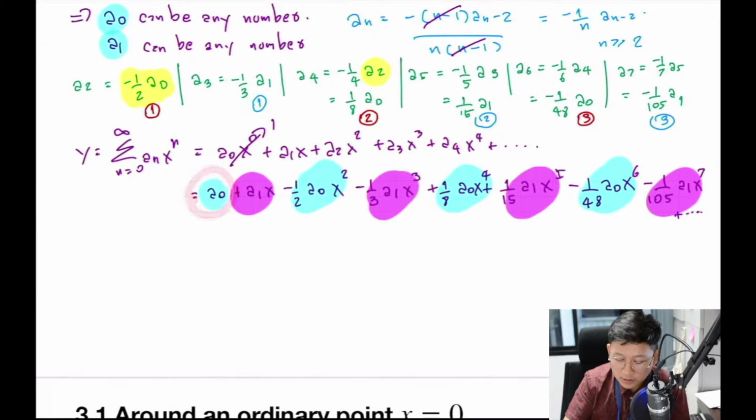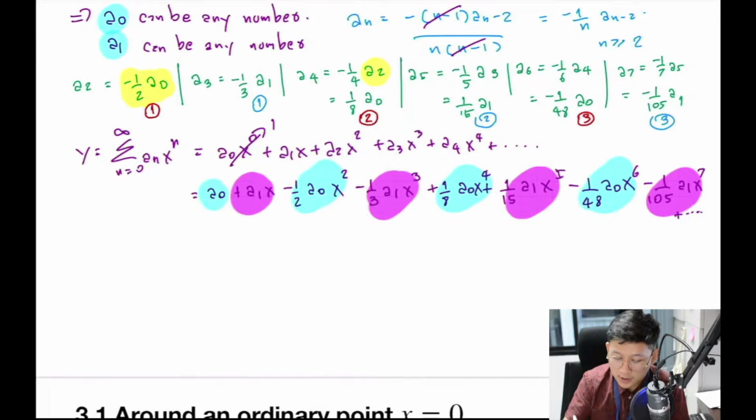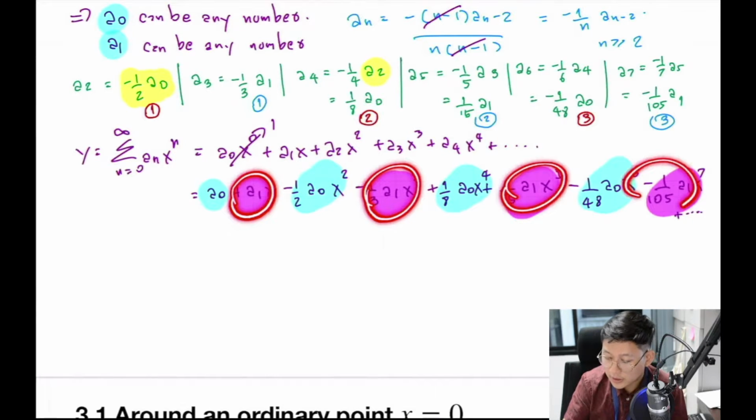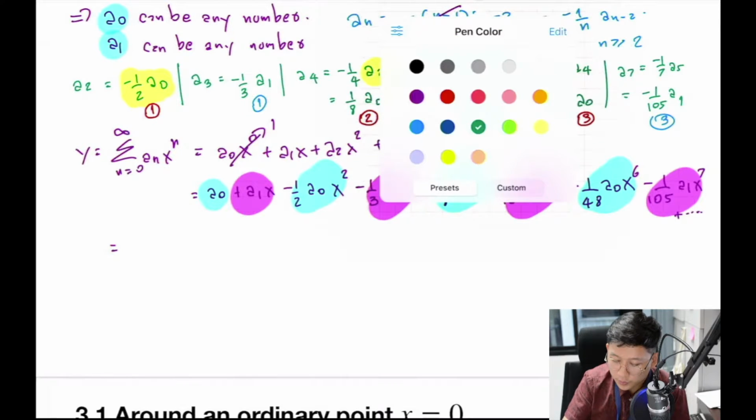You need the first one and another 3 terms, which means you need 4 terms, and you need 4 terms for a1 as well. So here it would be 1. Let me use the blue color.